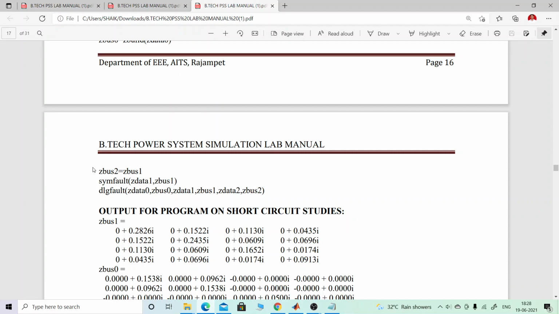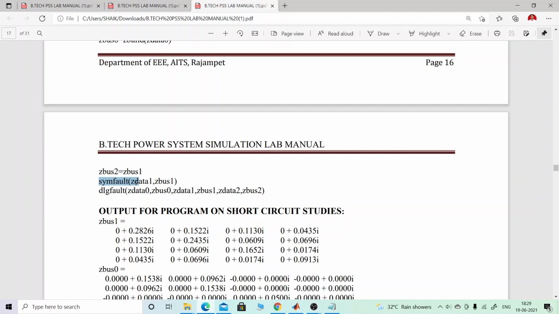So here I am calculating the symmetrical fault. As you know very well, for a symmetrical fault there exists only the positive sequence current, that is IF only. So the symmetrical fault is computed with Zdata1 comma Zbus1, that's the format.